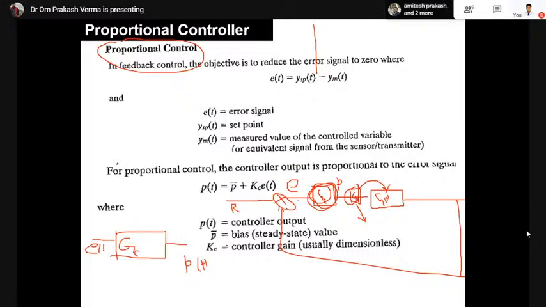Based on this, all the control action can be designed. As the name suggests, in a proportional controller your error is changing. The error is the set point minus the measured value.